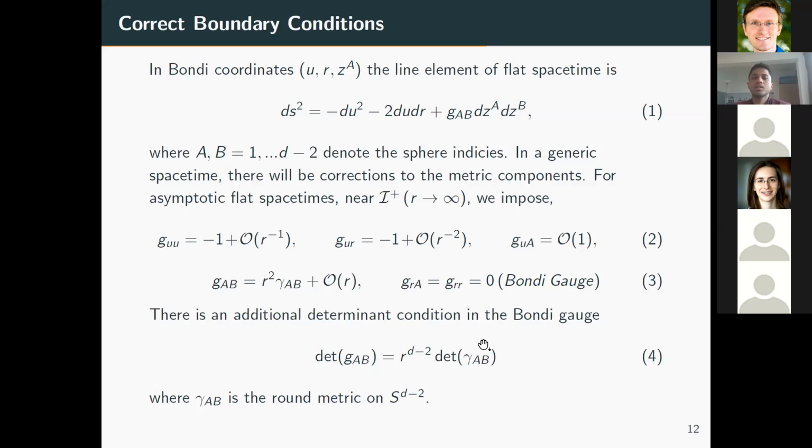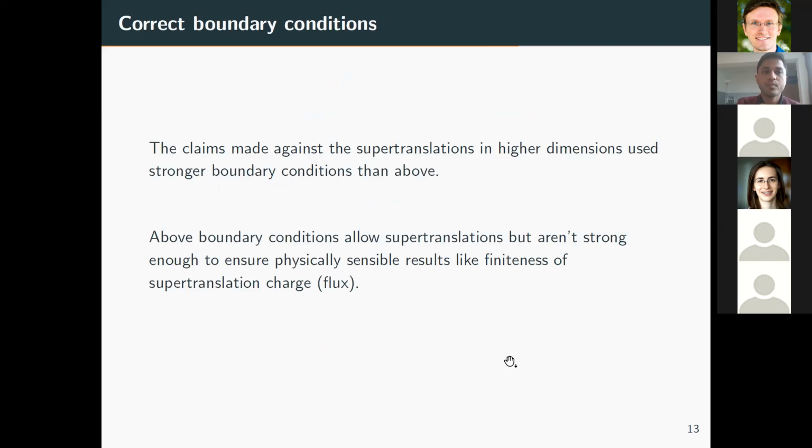Here, gamma AB is the round metric on S^(d-2). So we don't generalize it to some arbitrary metric, as Ali was mentioning. But if you want to include superrotations and so on, you need to do that. Here we are not concerned with that. Now, the claims made against supertranslations in higher dimensions use stronger boundary conditions than above. The boundary conditions that we showed allow for supertranslations, but lead to infinite charges.